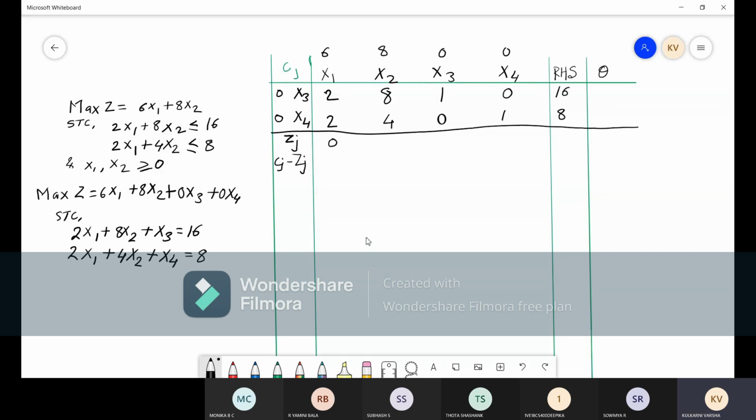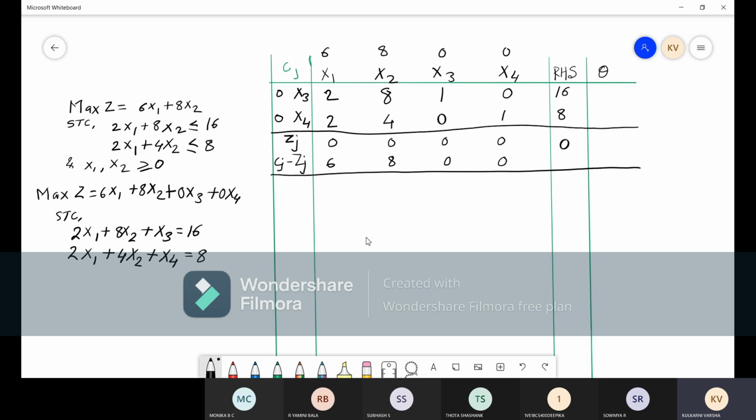So this will be 0, 0, 0, 0, and this also will be 0 because these coefficients are 0. When we do the dot product, 0 into this plus 0 into this, all of it will be zeros. And 6 minus 0 is 6, 8 minus 0 is 8, 0 minus 0 is 0, 0 minus 0 is 0. So our initial iteration is over.